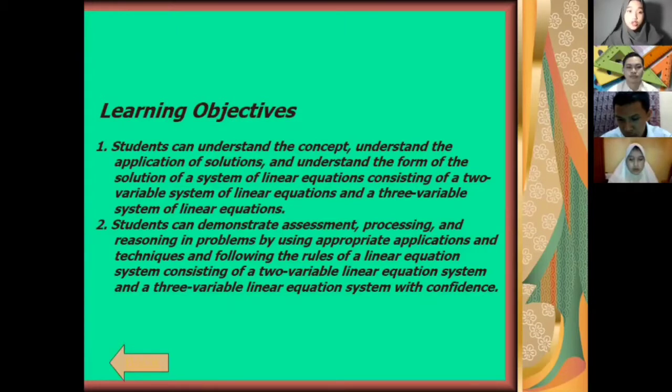And the second is students can demonstrate assessment, processing, and reasoning in problems by using appropriate application and technique and following the rules of a linear equation system consisting of the two-variable and three-variable systems with confidence.